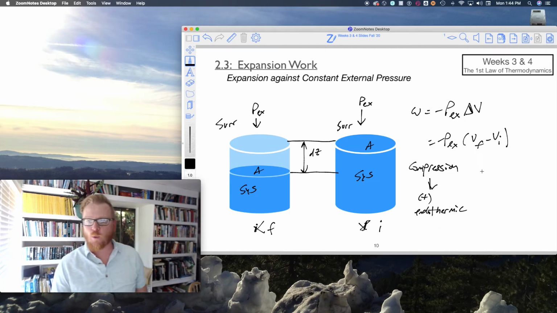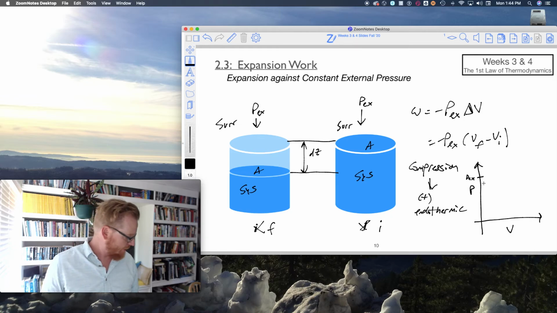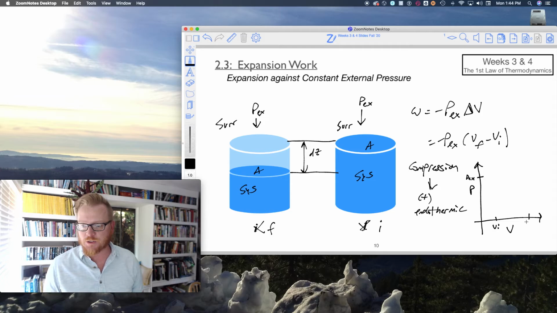And if we think about the work done in this scenario, I'm going to draw a rather crude coordinate system, a crude graph that we'll come back to in a bit. So if I plot this as P versus V, so here's my P external. And then perhaps this is V initial and this is V final.